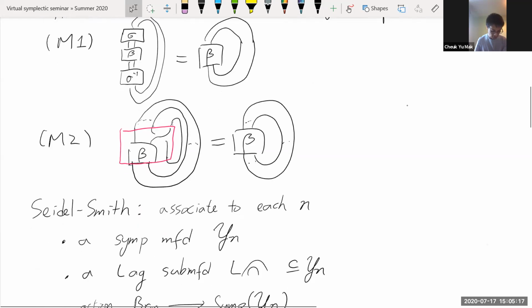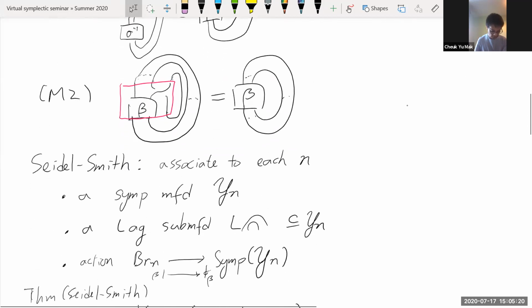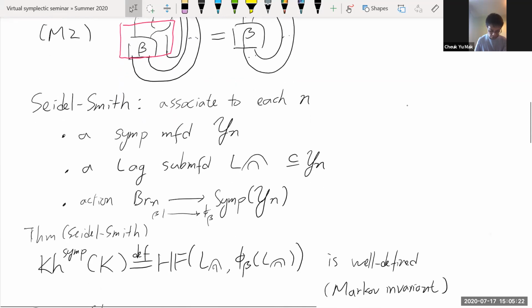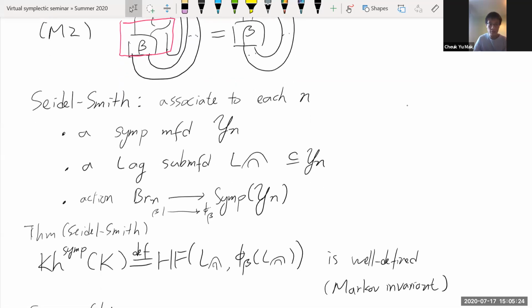What Seidel and Smith did is that they define the link invariant as follows. To each positive integer n, they consider a distinguished symplectic manifold Yn, and a distinguished Lagrangian submanifold inside it, L rainbow. And then they also consider a braid group action on this Yn.